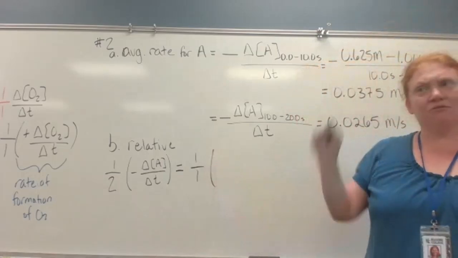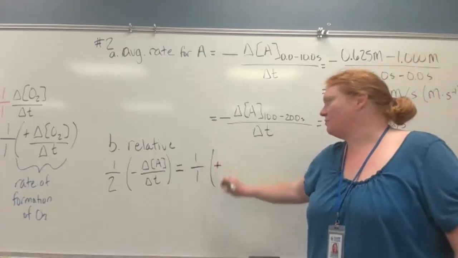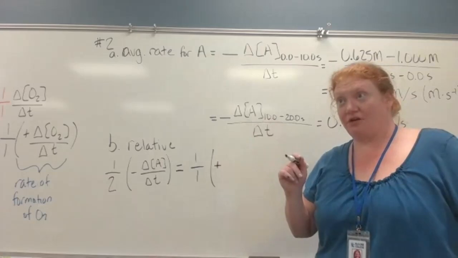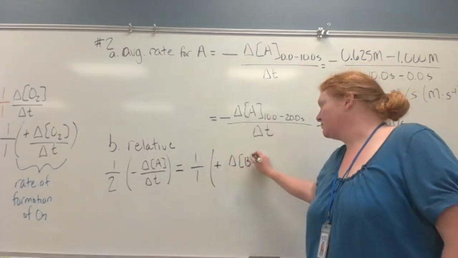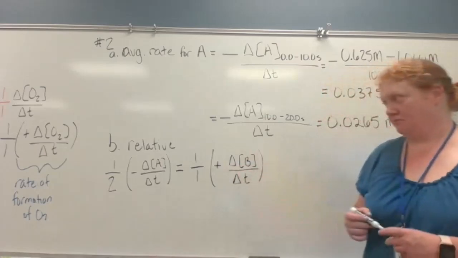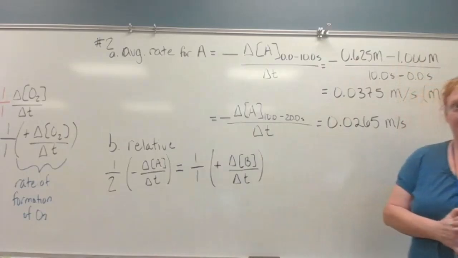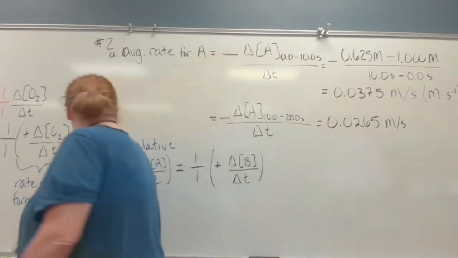For forming B, what does that rate expression look like? Forming B, positive, right? Again, I'm writing all these symbols.